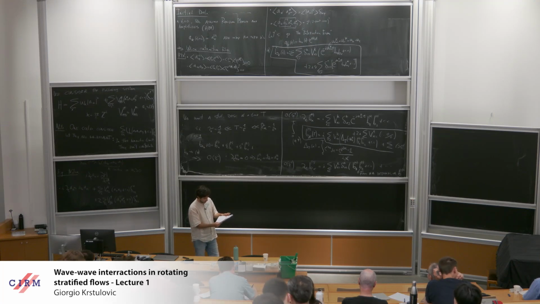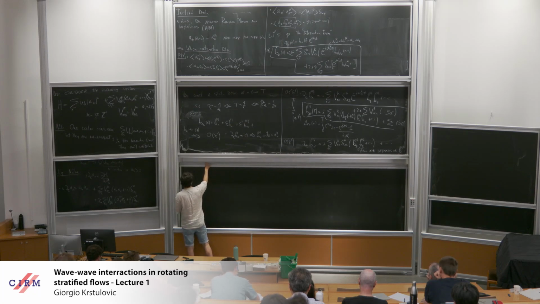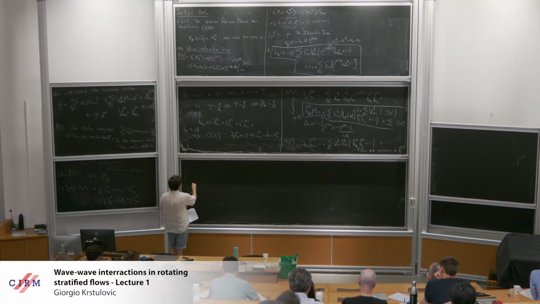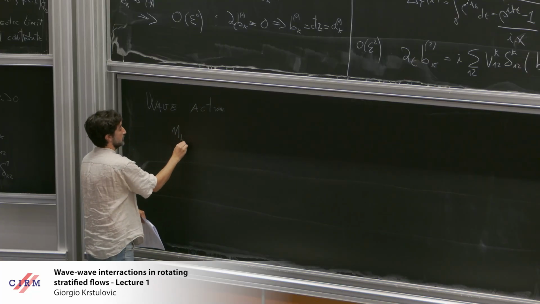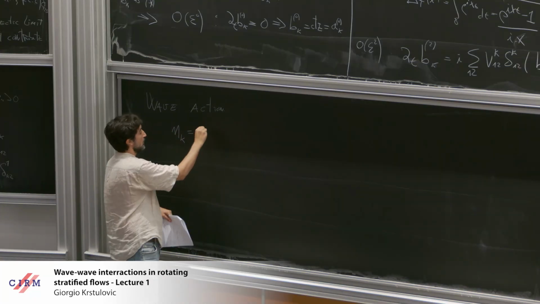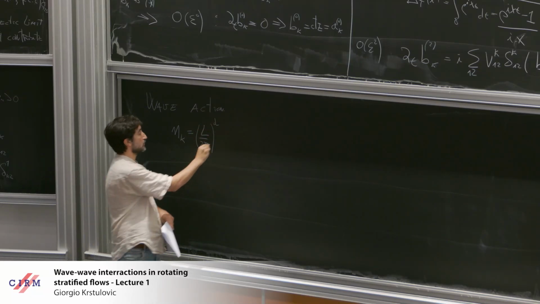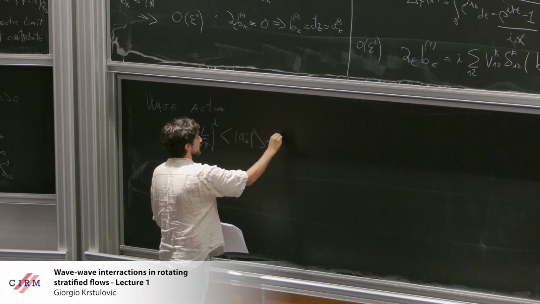So now the goal is to gather and compute all the terms, which will give an equation for the wave action, which is simply L over 2 pi, just a normalization factor, times a_k squared, which is the same as b.